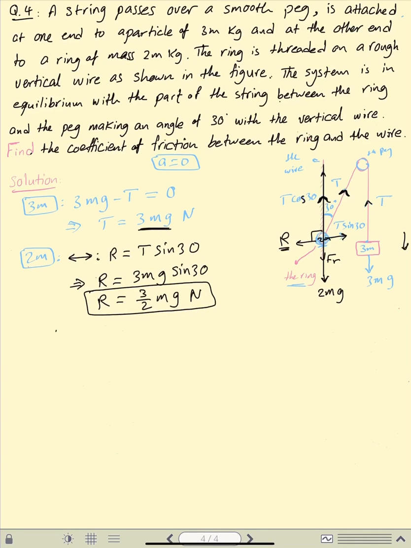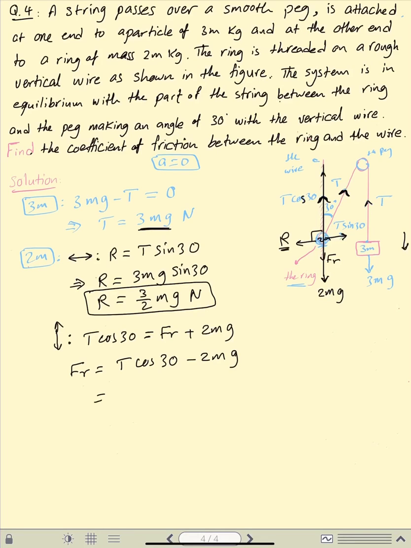Now, vertical components on the particle 2m kilograms: T cosine 30 up, equals Fr plus 2mg down. So Fr is equal to T cosine 30 minus 2mg.